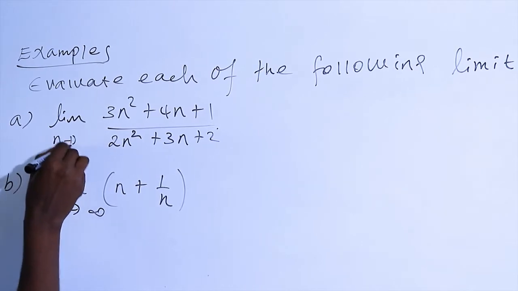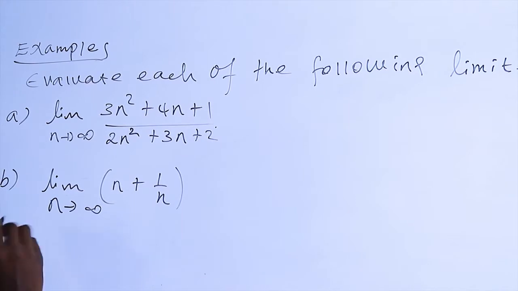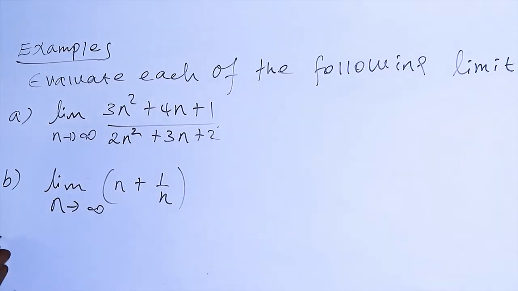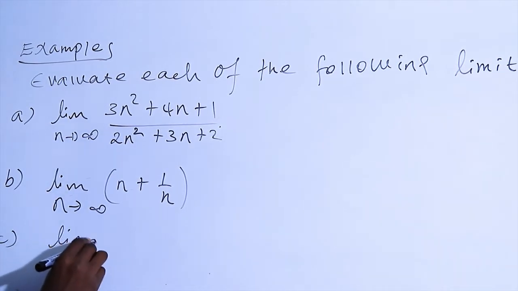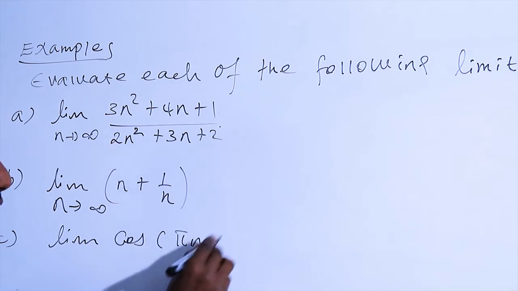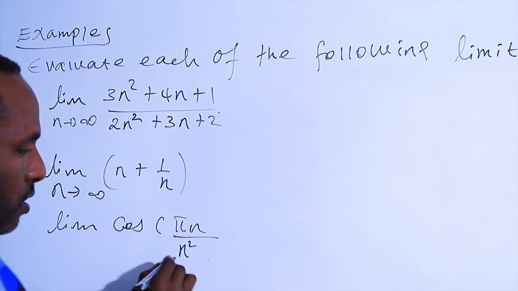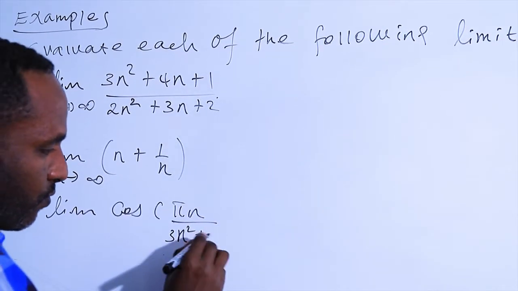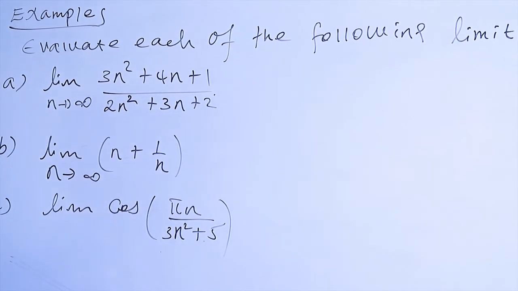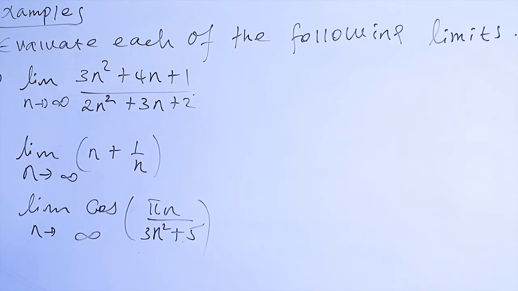The other part is the limit of cosine of pi n times 3n squared plus 5 when n tends to infinity.